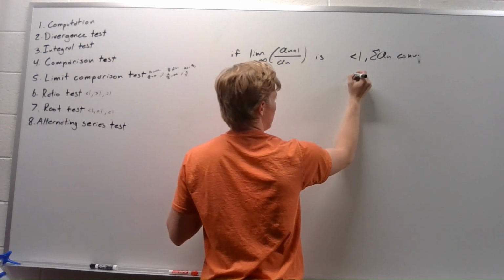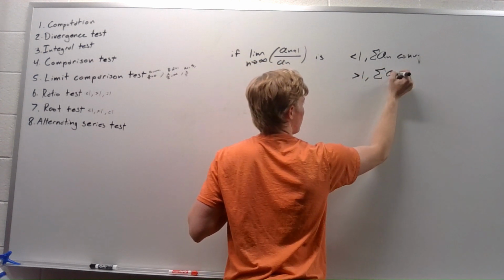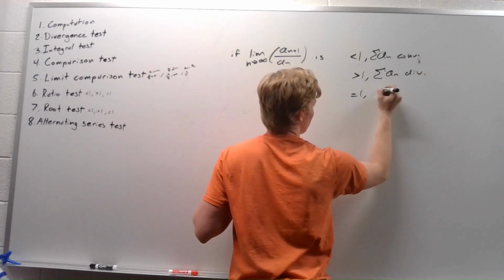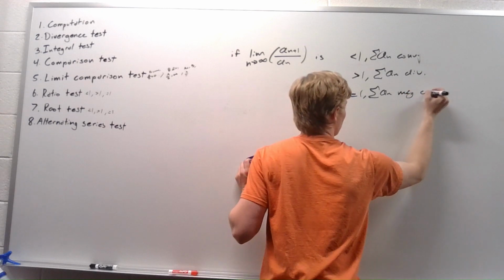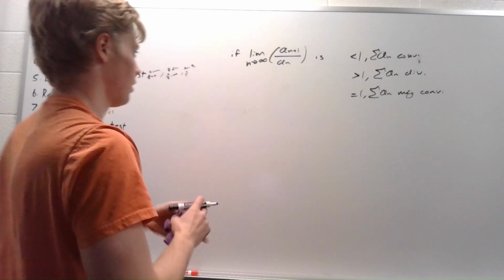If it is greater than 1, the sum of A sub n diverges. And if it's equal to 1, A sub n may converge or diverge. We don't know from this test.